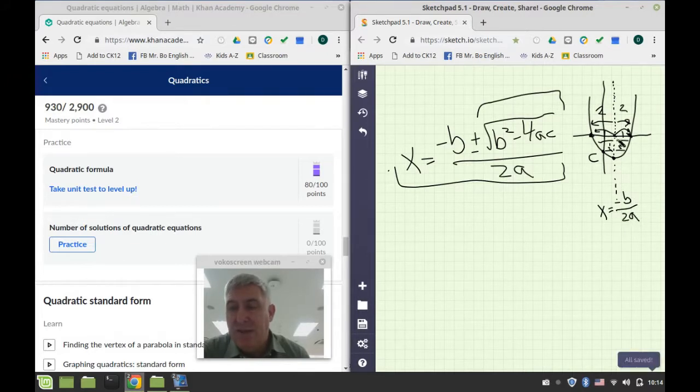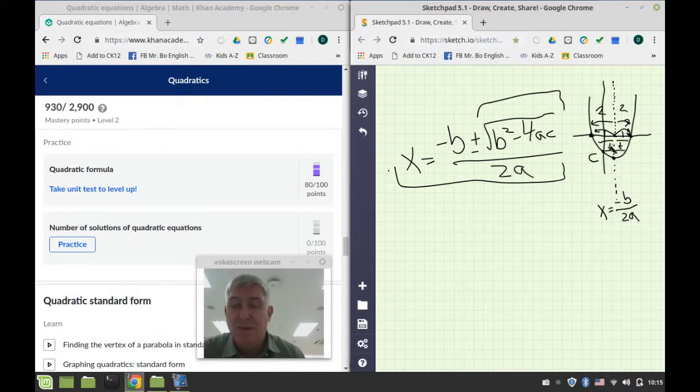And then we use this part here to add and subtract and find the zeros. Well, that's kind of cool. So if you have a standard form and they ask you where the vertex is, you can find the x really easily, and then you just substitute x and you find y. So that's good.